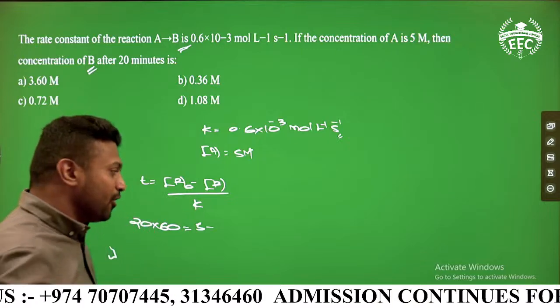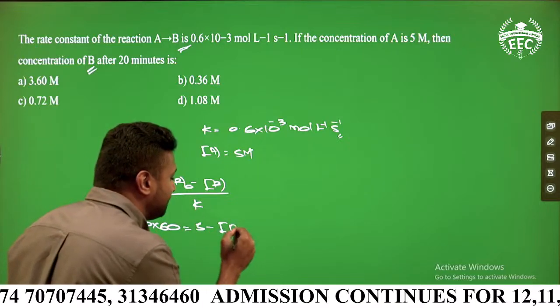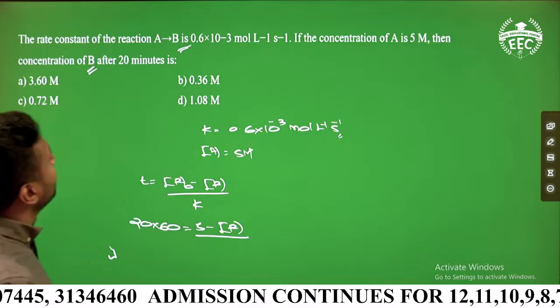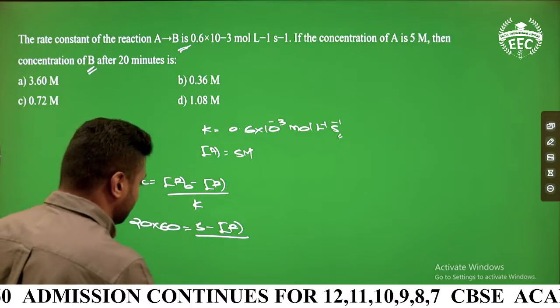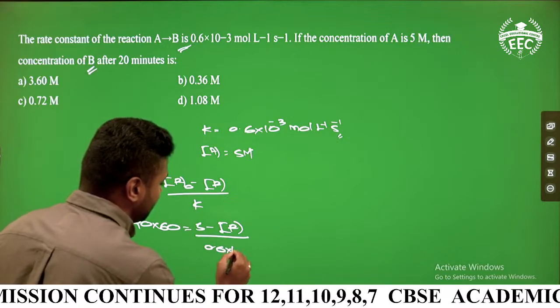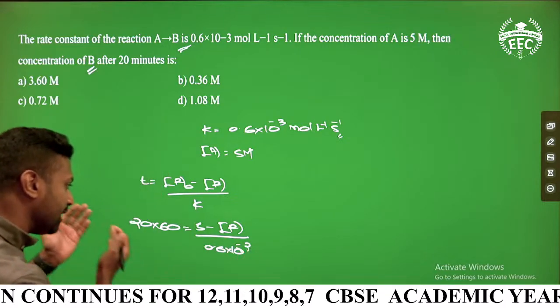R is the concentration of the remaining reactant, divided by K. K is 0.6 into 10 raised to minus 3. On cross multiplying, it comes to this side.